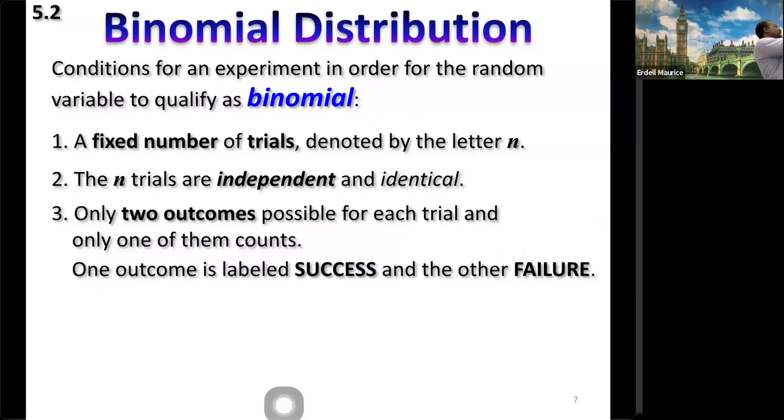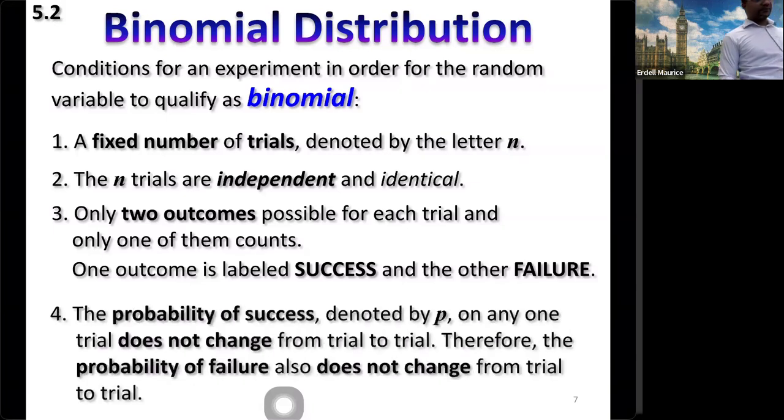So if he makes the basket, that's a success, and of course, you're not on his team. If he doesn't make the basket, that's a failure. So: fixed number of trials, we know before we start how many times it's going to happen; IID, independent and identical; and 2 outcomes, success or failure.